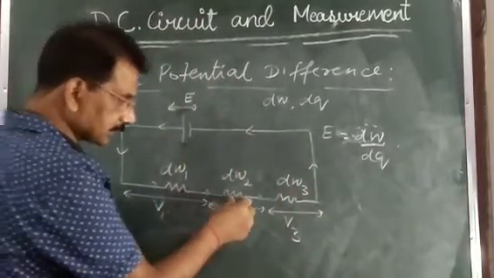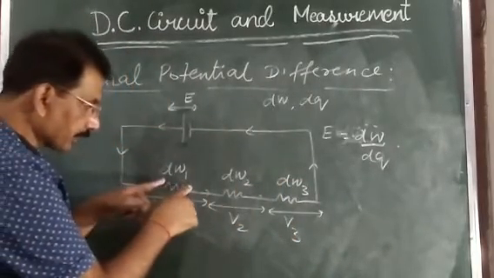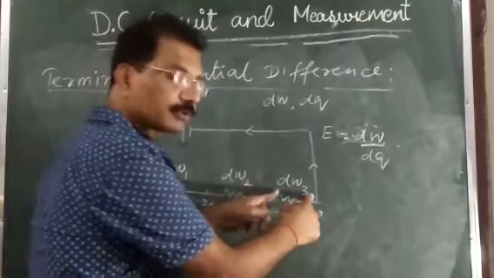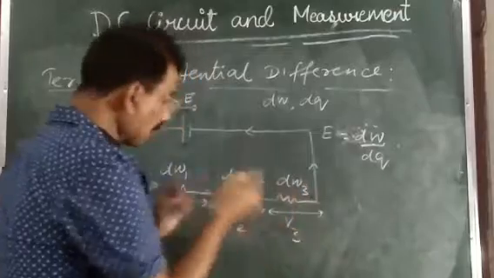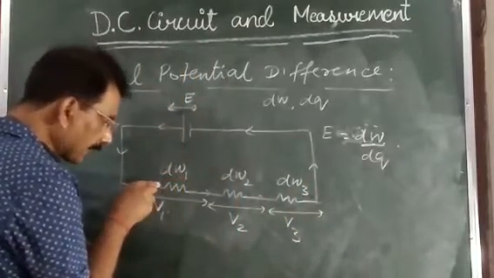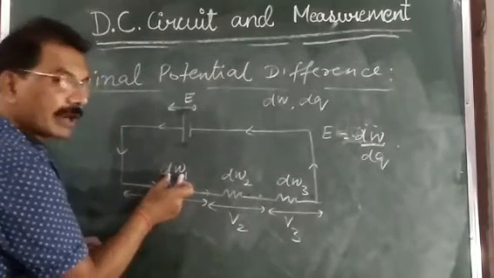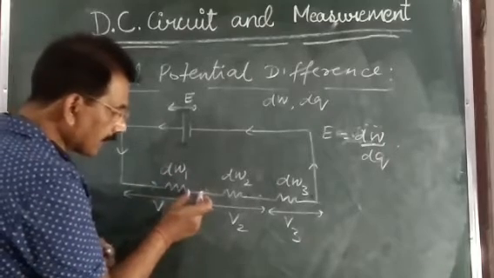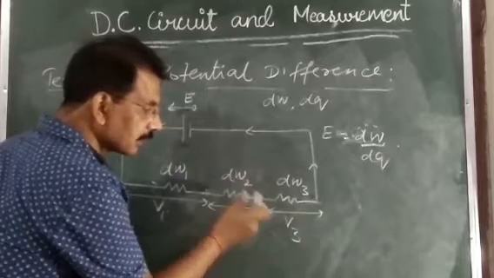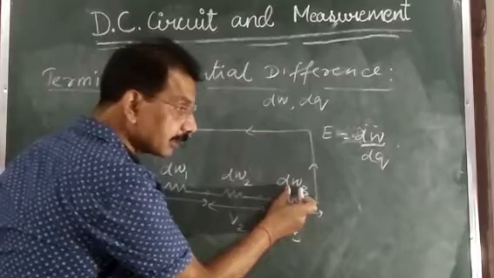But these three resistors are in series, so the charge flow in this resistor is also dq. The charge flow in this one is also dq, and the charge flow in this one is also dq. And suppose the work done by the cell to maintain the flow of charge dq through this resistor is dW1, through this resistor is dW2, and through this resistor is dW3.